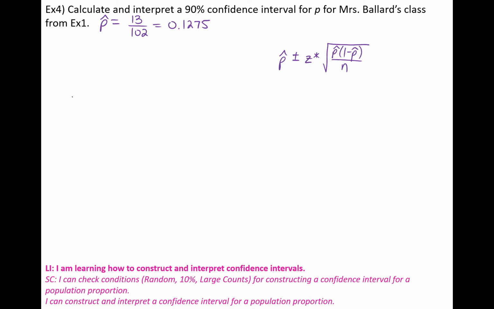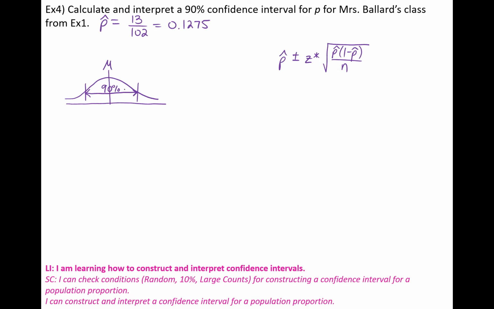So I'm going to go back to drawing a normal curve, just like we did a moment ago. There's my normal curve. Here's my mean. And I'm looking for a 90% confidence interval, which means between these two z-scores, I want to see 90% of my data. So with that 90%, what percentage is left on the outside?